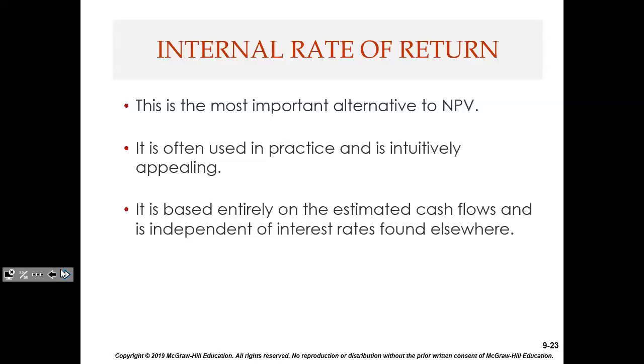Okay. The other thing with internal rate of return, unlike net present value where we use our outside market rate of return or something like that, internal rate of return is based solely on the cash flows of the project. There is no outside influence on our calculations. Okay.